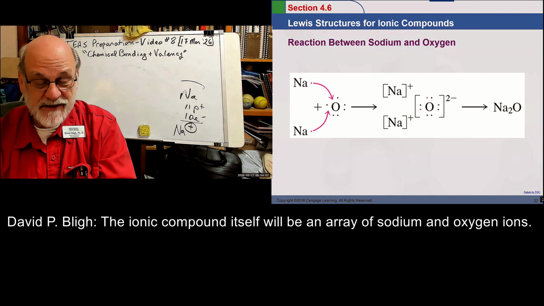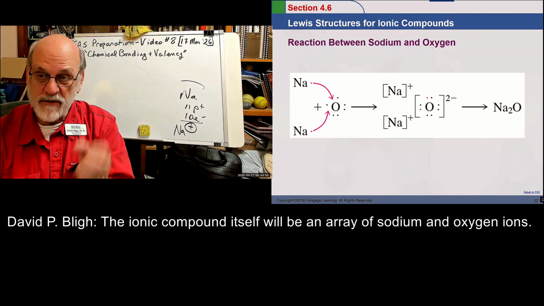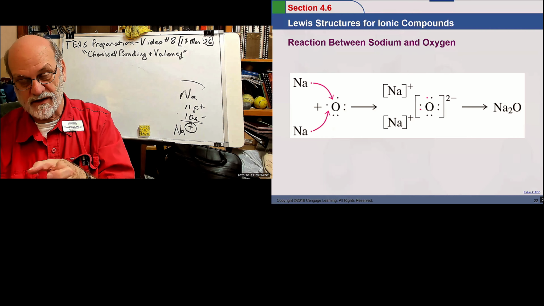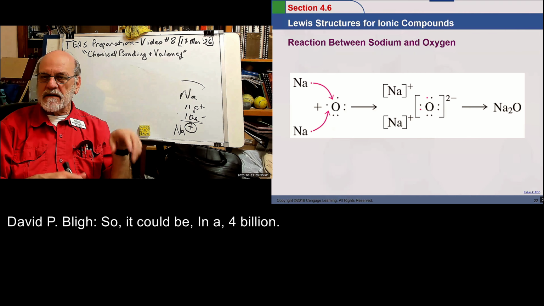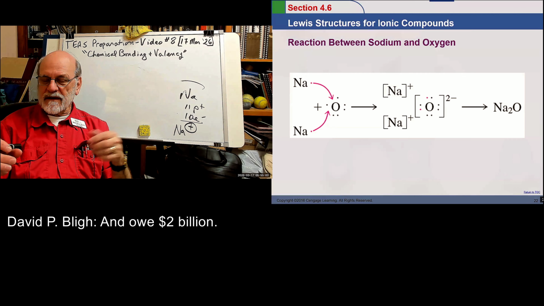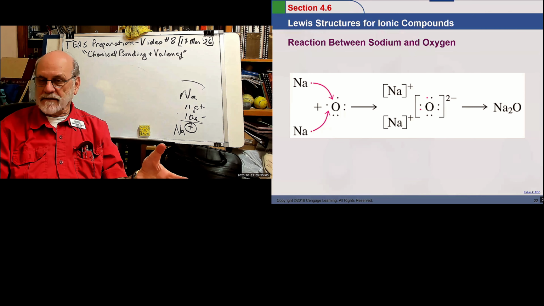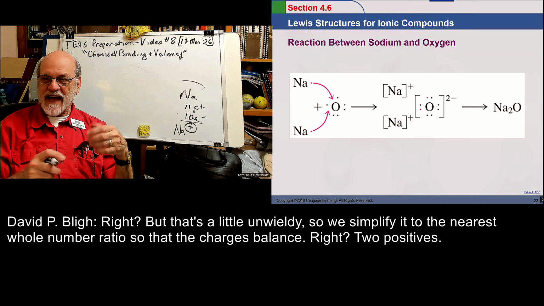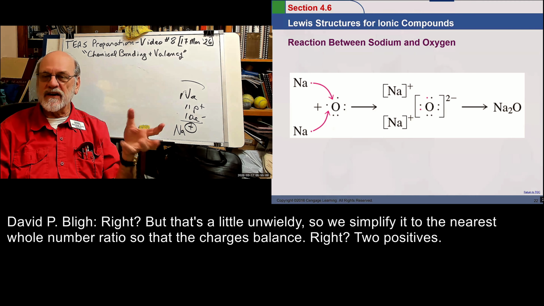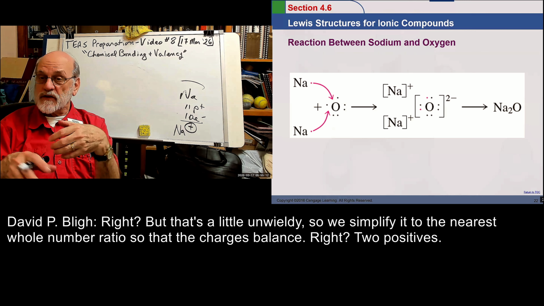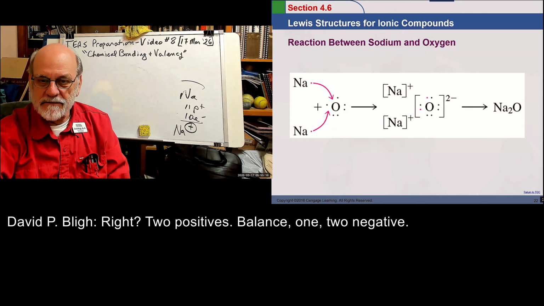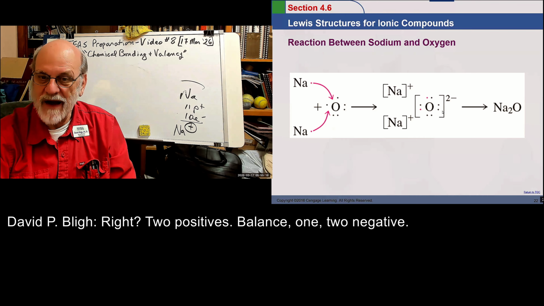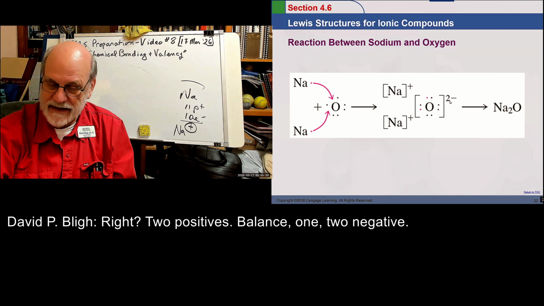The ionic compound itself will be an array of sodium and oxygen ions. So it could be Na 4 billion and O 2 billion, right? But that's a little unwieldy. So we simplify it to the nearest whole number ratio so that the charges balance. 2 positives balance 1, 2 negative.